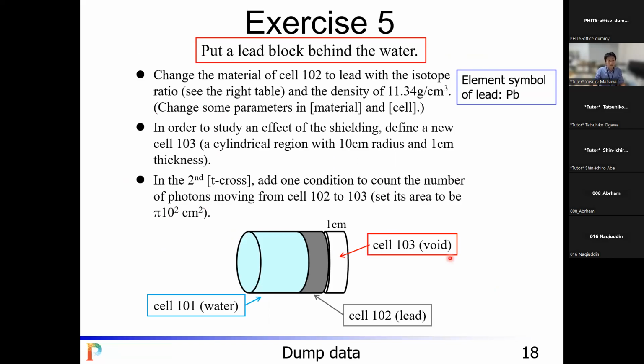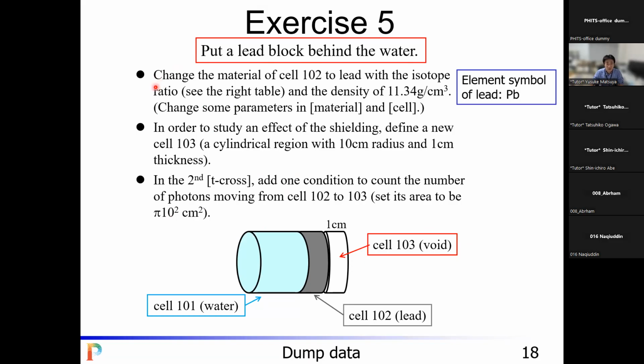Okay, let's do the final exercise number 5. In this exercise, I will put a lead block behind the water and simulate the radiation shielding. To make the geometry and to perform the simulation, all we have to do is the 3 steps described below.